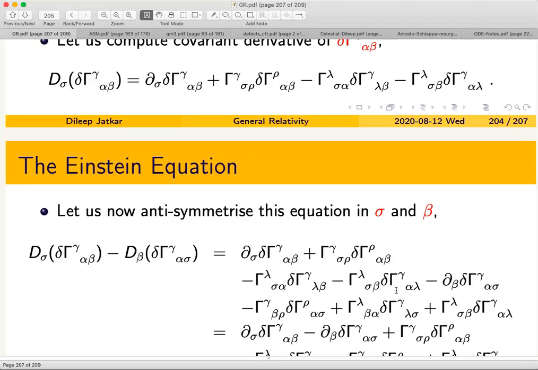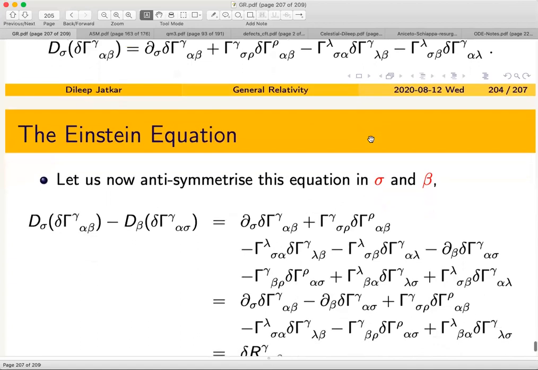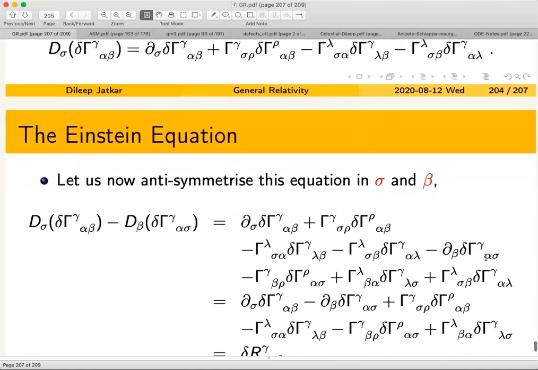You can check this. The last four terms, a partial derivative acting on delta gamma plus three gamma-delta gamma terms, are the terms where sigma and beta are exchanged.